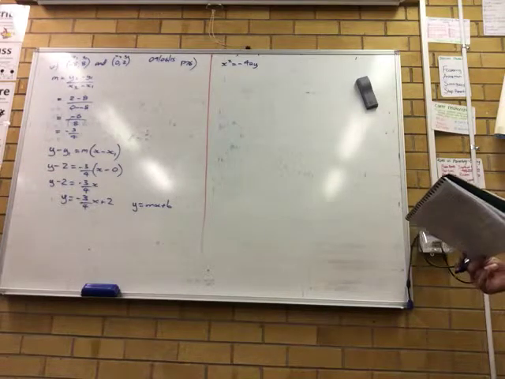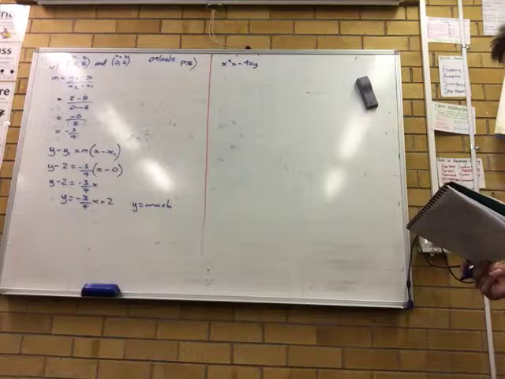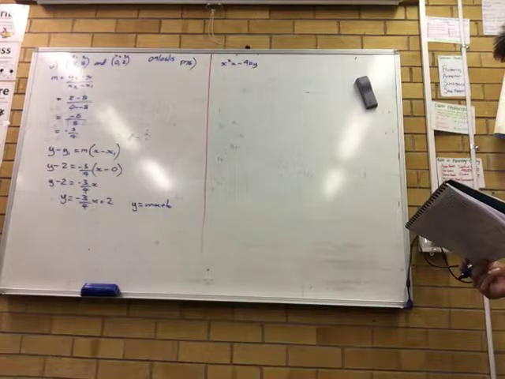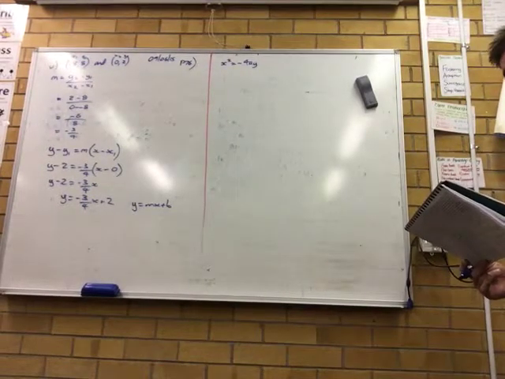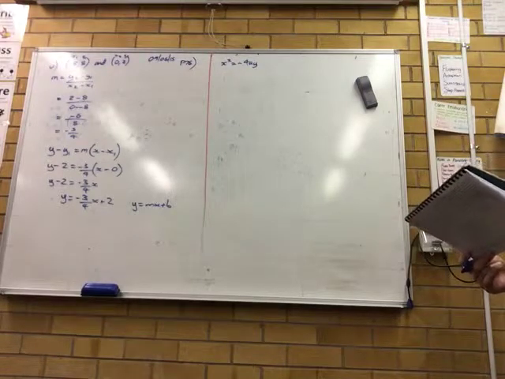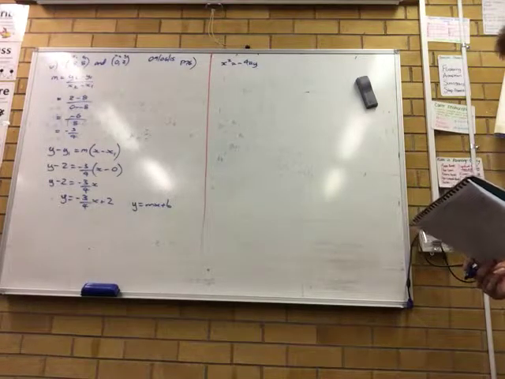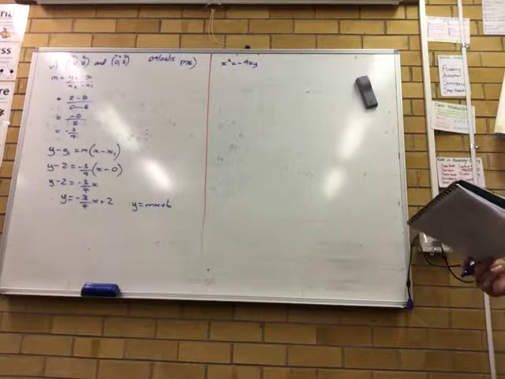You've got the diagram in front of you, 77. So you've got the focus below, you've got the directrix above. The focus always sits inside the parabola, and the parabola never crosses the directrix.